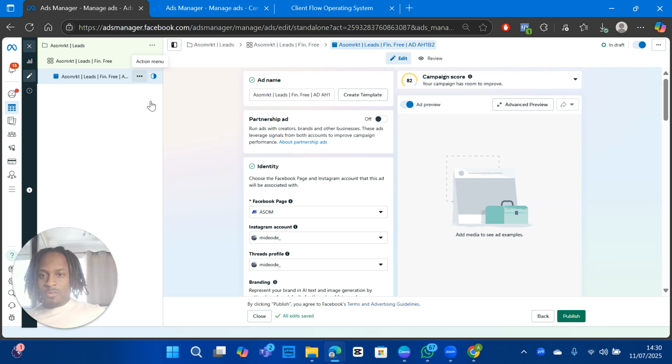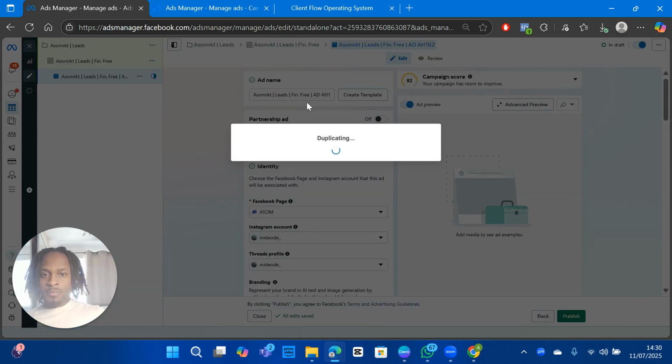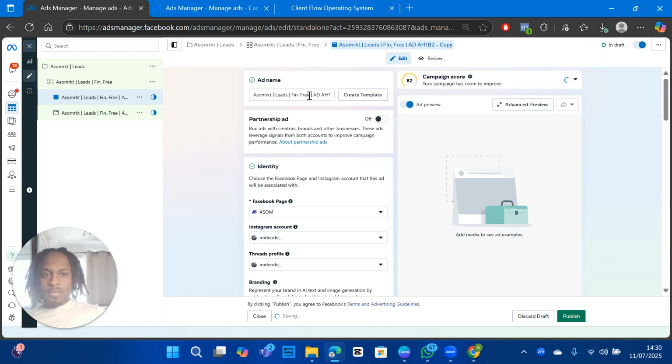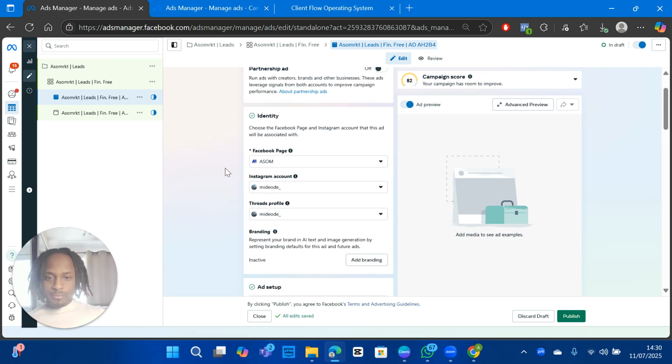Same thing if I duplicate, and let's say this next one is hook two, body two. It allows me to quickly see which ad it is, and I label the ads when I download them and save them to my Google Drive.